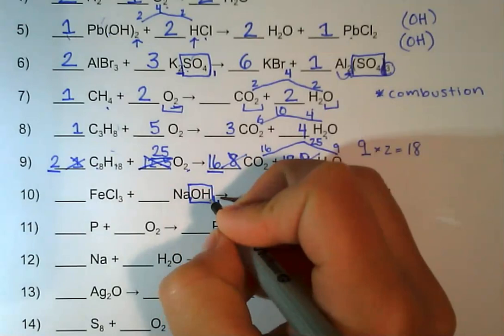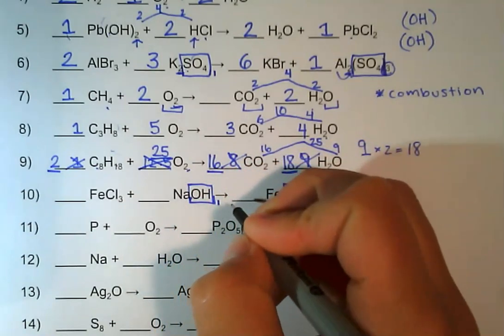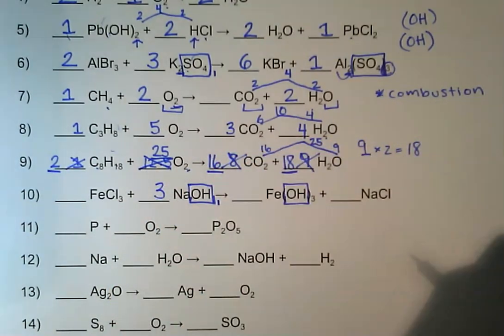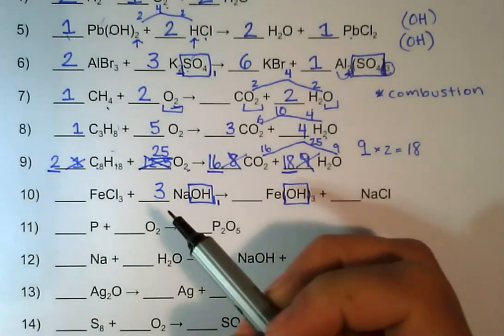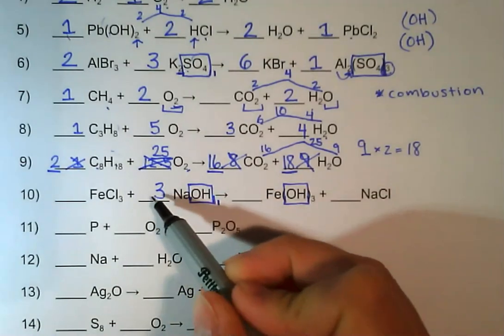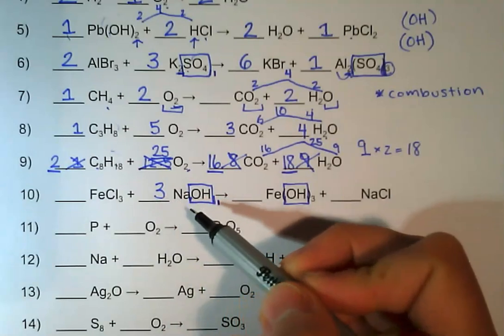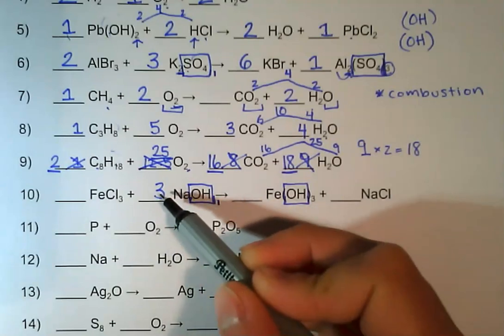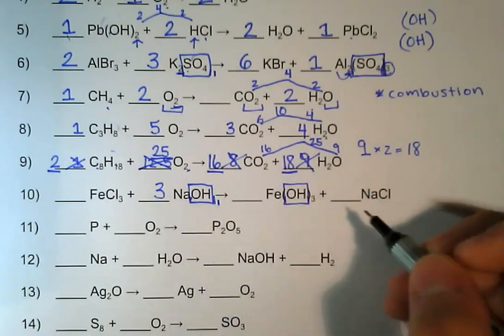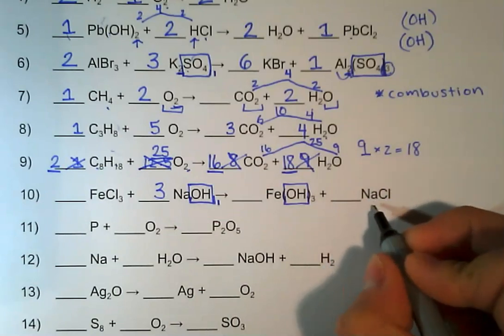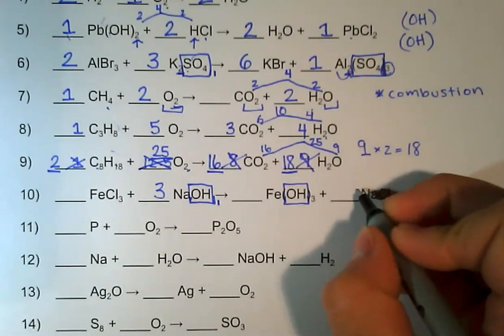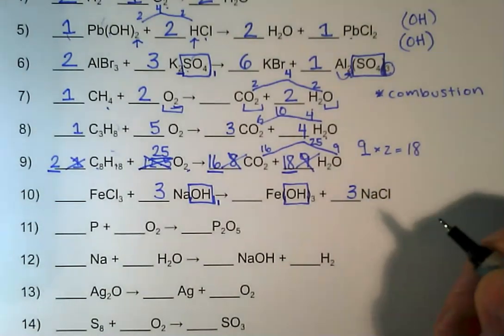I need there to be 3 hydroxides on my reactant side, so I'm going to put a 3 in front of NaOH. Then I obviously messed up sodium, so I now have 3 sodiums, whereas I started out with just 1. So I also need there to be 3 sodiums on the product side. So I'm going to put a 3 in front of NaCl.